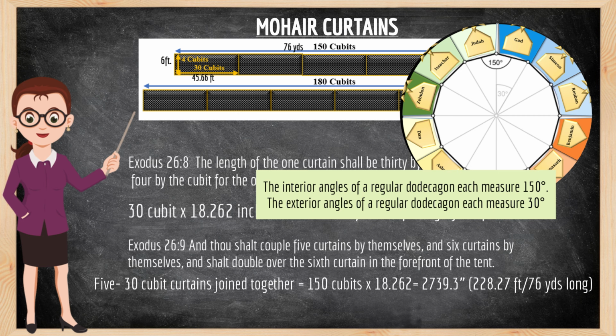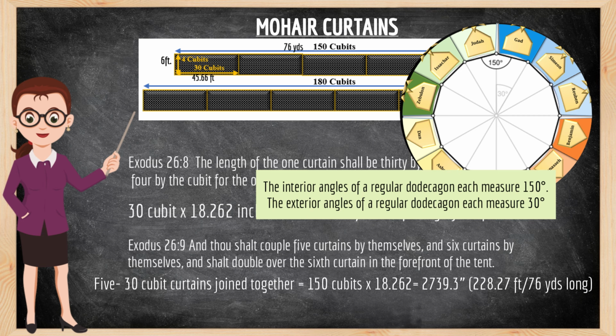And 150 degrees is the measure of the interior angle of a regular dodecagon. Now, a regular dodecagon, as we had talked earlier, is a figure with 12 sides of the same length. The interior angle of the regular dodecagon is equal to 150 degrees, and the exterior is equal to 30 degrees.